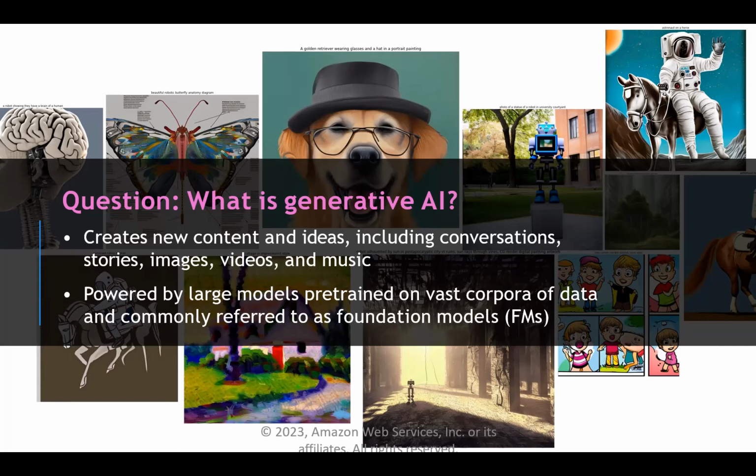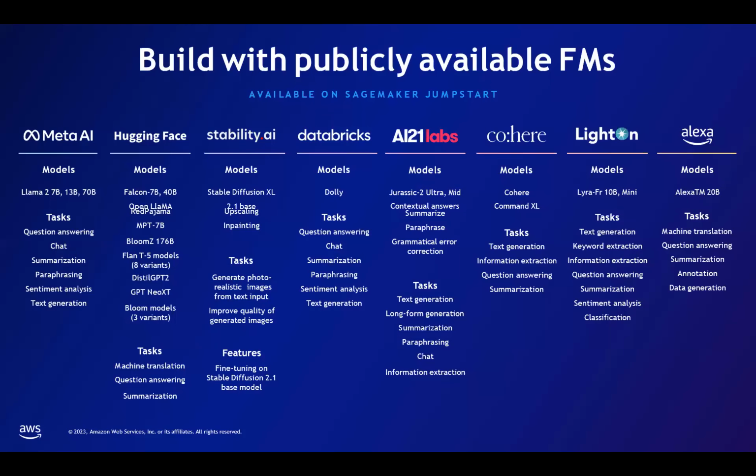With generative AI, you can create new content and ideas, including conversations, stories, images, videos, and music. They are powered by large models on the back end called foundation models, on which those generative AI models are based, an example of which is ChatGPT.